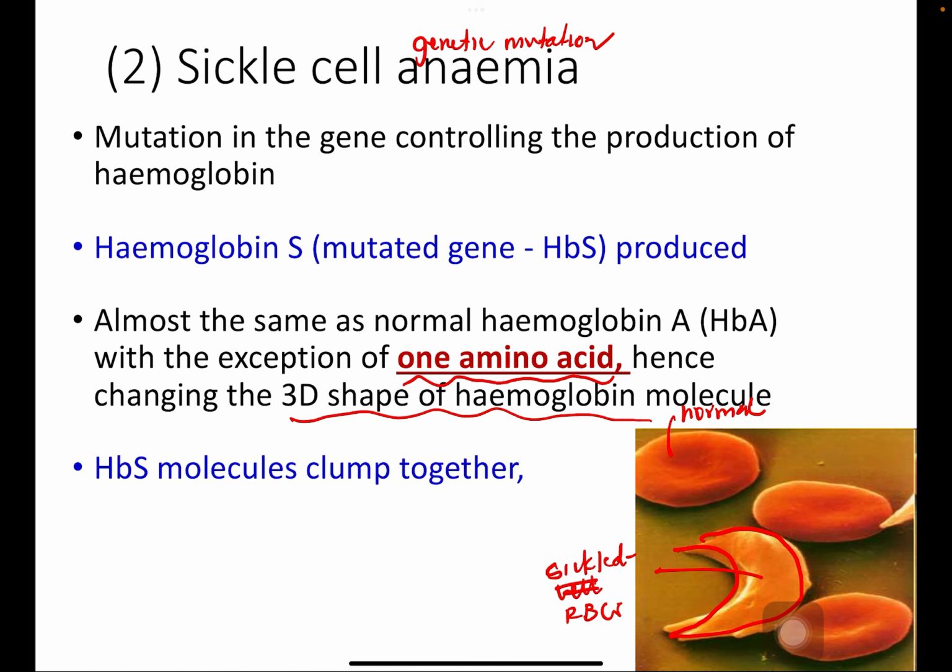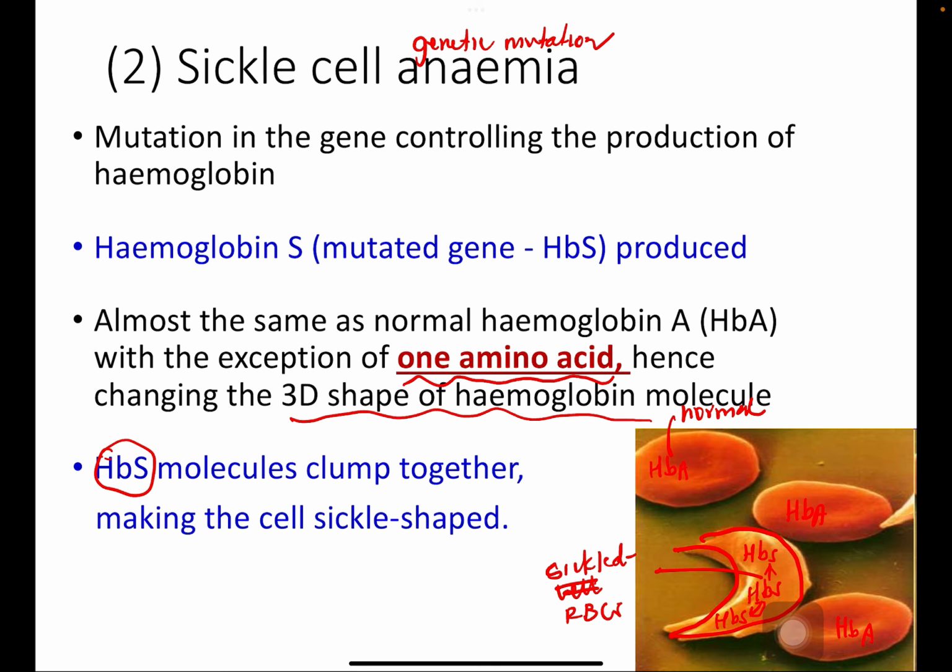And the problem comes when the hemoglobin S molecules found inside sickle cell red blood cells start to clump together with each other, as compared to the normal hemoglobin A that can be found in healthy normal red blood cells. So when they clump together, it creates the sickle shape.